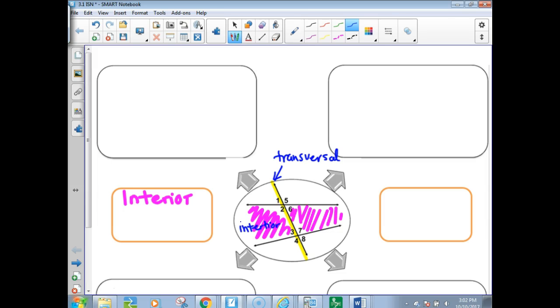Now that does extend forever. So if that's the interior, then outside here is the exterior. The exterior is all in blue.